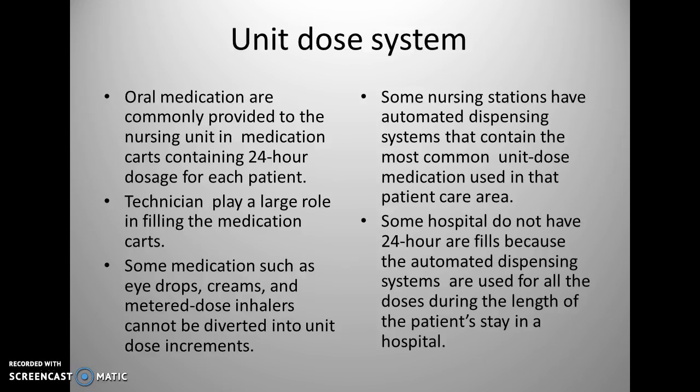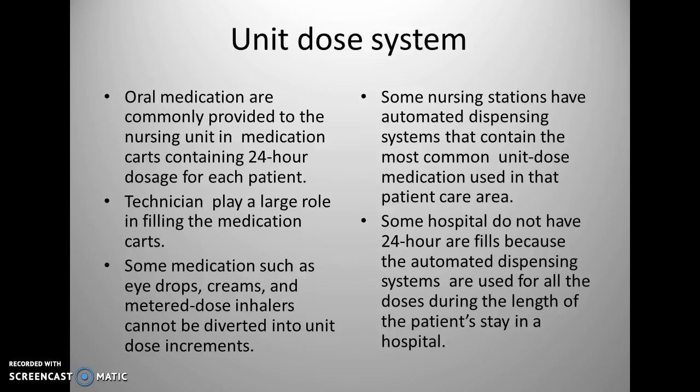The next step in relationship to hospital pharmacy that we should be familiar with is dealing with the unit dose system. Oral medications are commonly provided to the nursing unit in medication carts containing 24-hour doses for each patient. It is the pharmacy technician that plays a very important role in filling those medication carts.